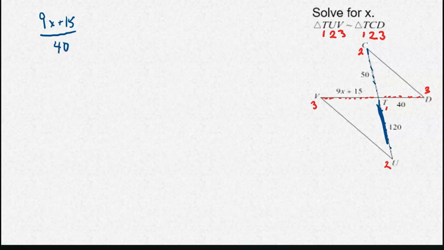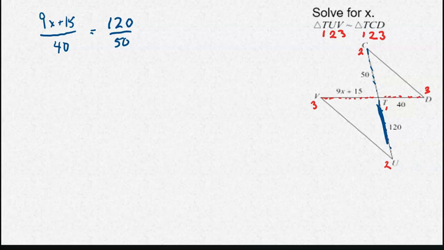Then I'm going to have 120 over 50. And I'm going to do my very best to reduce this, though that doesn't look like it's going to happen very much. Alright, let's take a look at what I got.